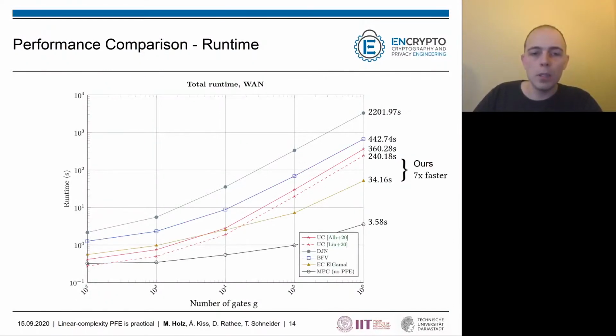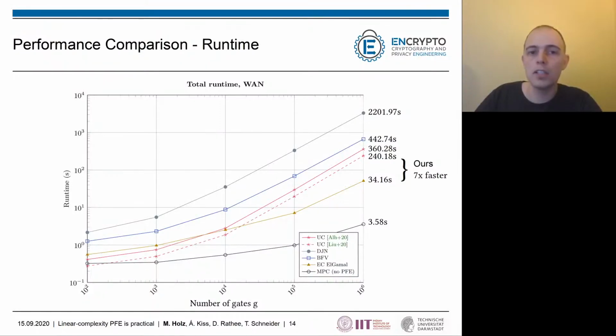Also, we have seen when we looked at our improved homomorphic encryption-based protocols that our elliptic curve crypto implementation is about 7 times faster than the best known universal circuit-based private function evaluation, and we've thereby seen that this is really better in terms of runtime than these UC-based protocols, even if we have this overhead of homomorphic encryption.